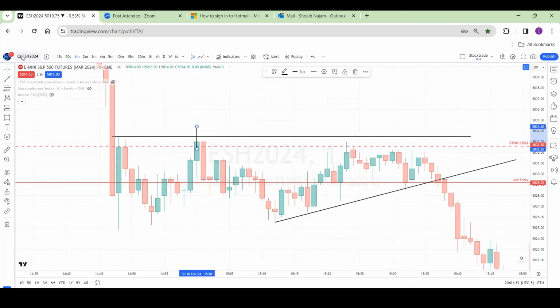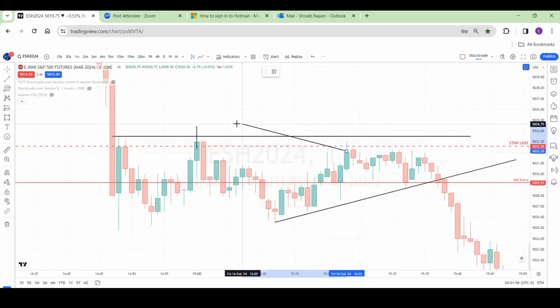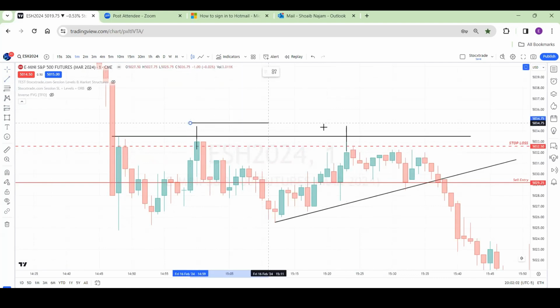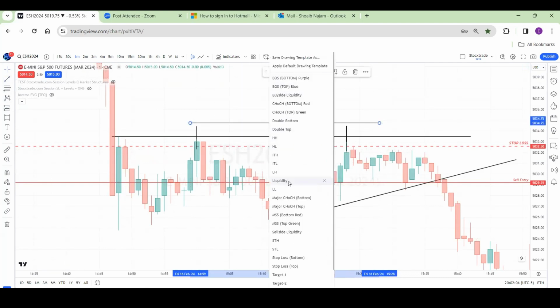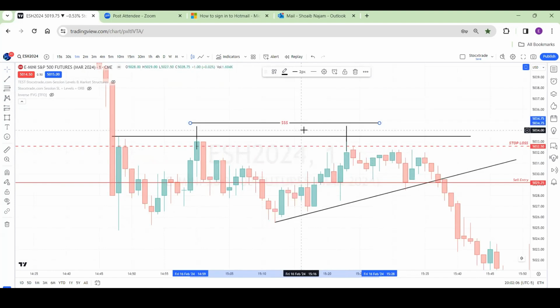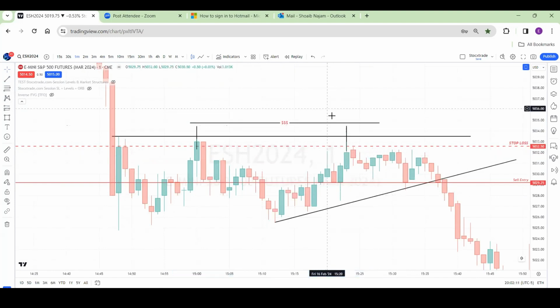But if this candle closes like this, and this candle closes like this, or if it is creating a double top at the same level, so what will happen, Irfan bhai? There will be liquidity here, stop loss, because I will think that the market will come back again, I will take this sell.